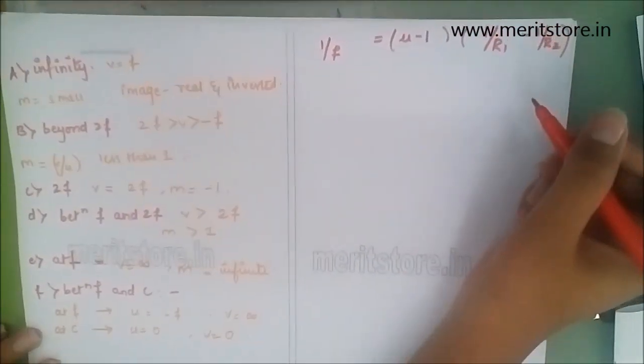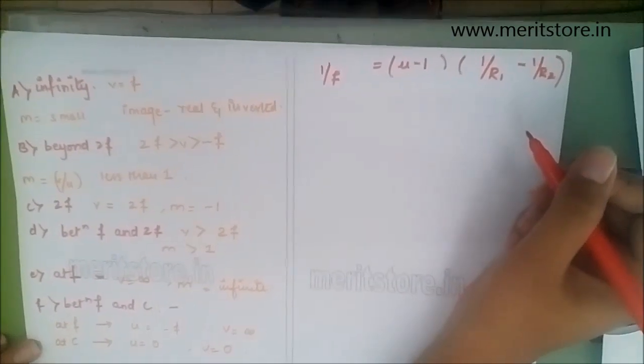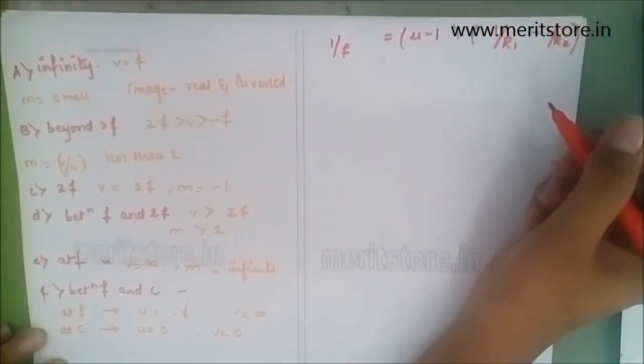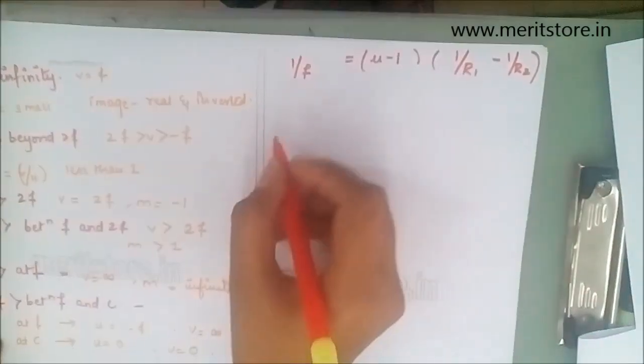The refraction through a thin double convex lens when the medium situated on the two sides of the lens is different.